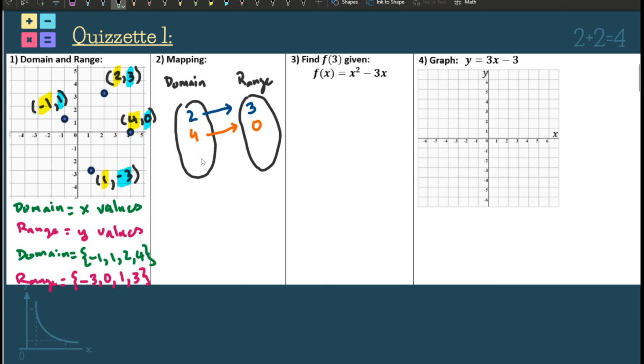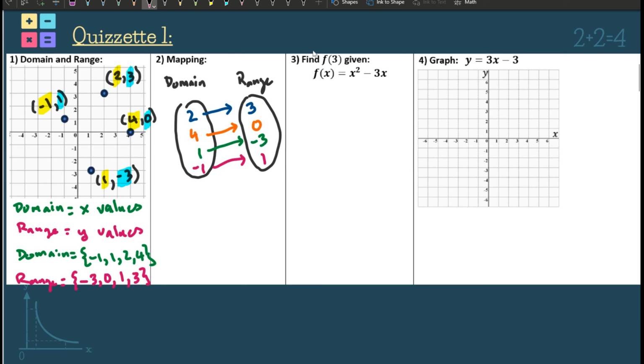Next, 1 maps to negative 3, and negative 1 maps to 1. This mapping is called one-to-one. Every x value has a corresponding y value, so they go sideways to exactly one value.